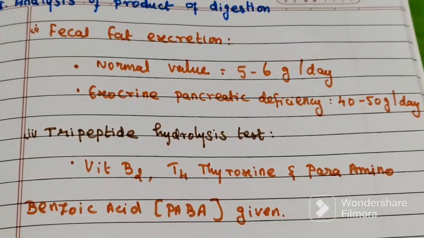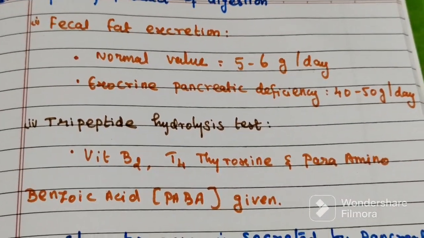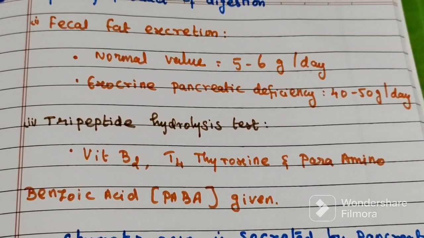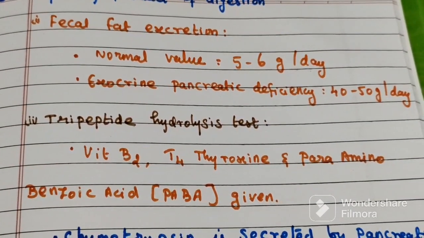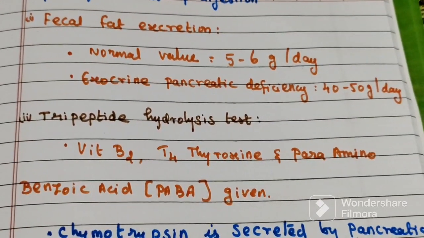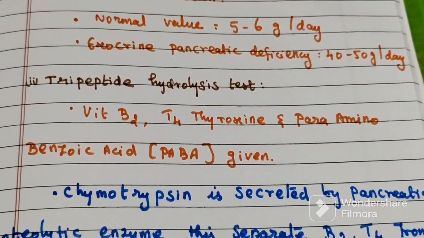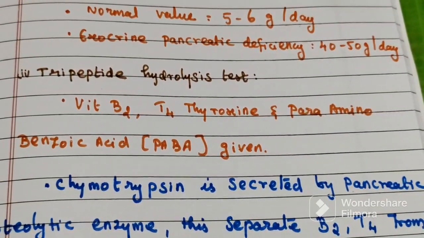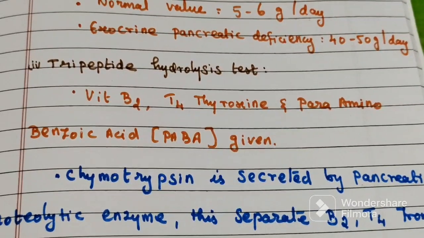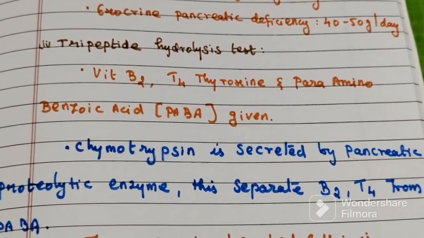Another test is the tripeptide hydrolysis test. A synthetic peptide is given which contains vitamin B2, T4 thyroxine and para-aminobenzoic acid. Chymotrypsin, a pancreatic proteolytic enzyme, separates the B2 and T4 from the para-aminobenzoic acid.